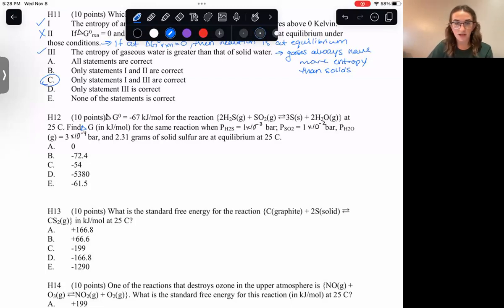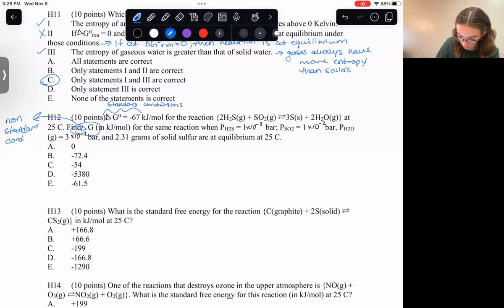Okay, so usually we're saying our standard conditions. But now we're looking for delta G at non-standard conditions. Okay, how do we solve for delta G here?